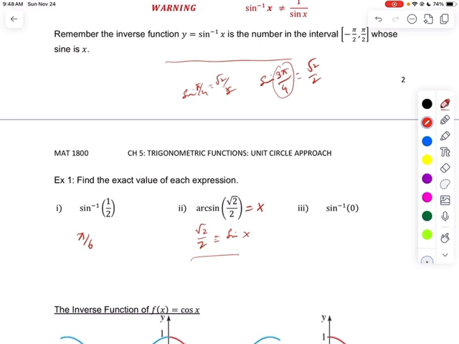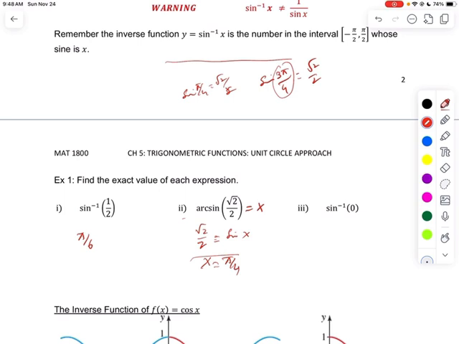Now what about arc sine or sine inverse of square root 2 over 2? If we don't know this value, you can say it is equal to x, and now according to the definition I can say square root 2 over 2 is equal to sine of x.